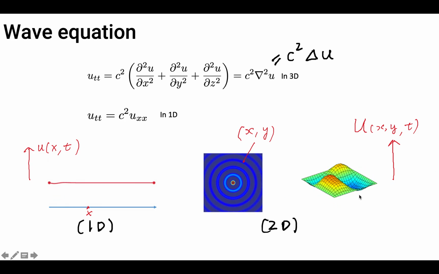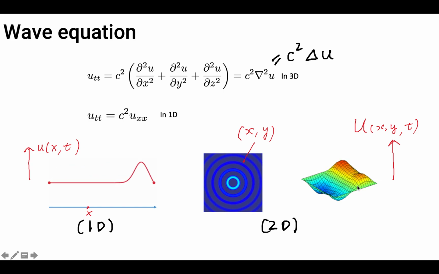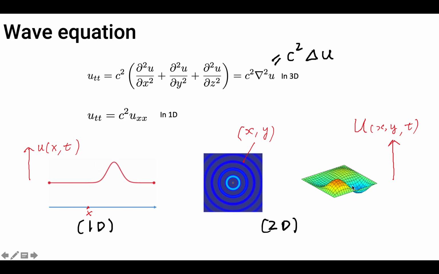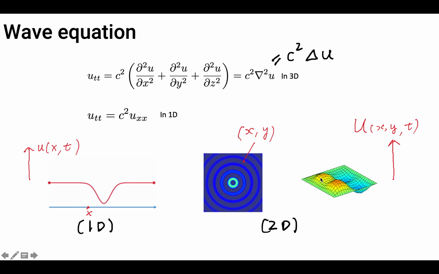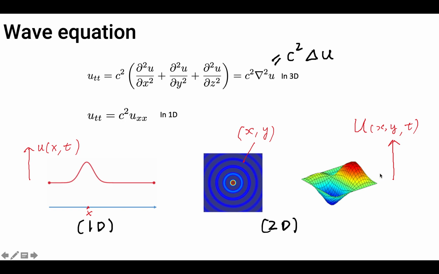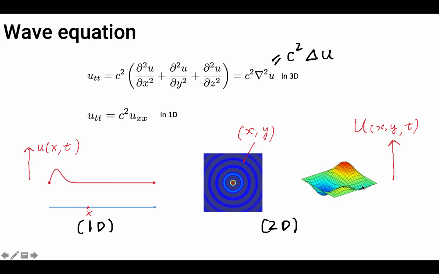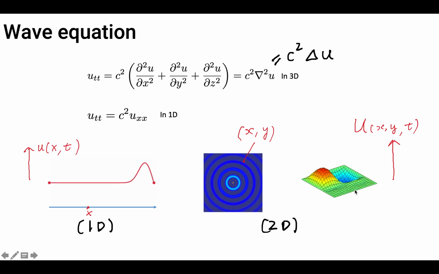And here is a solution of the 2D wave equation, where you see these oscillatory wave-like behaviors. Here we have the boundary condition specified as 0. In other words, the wave is not wiggling along the boundary.